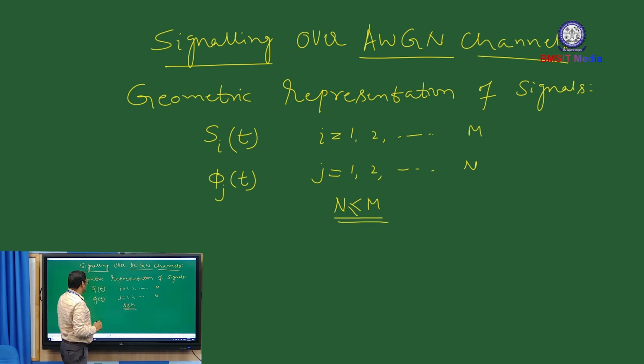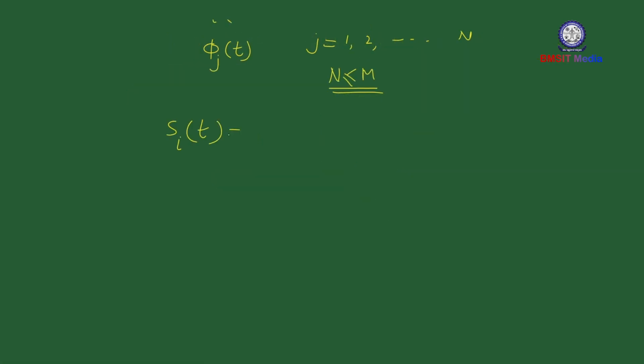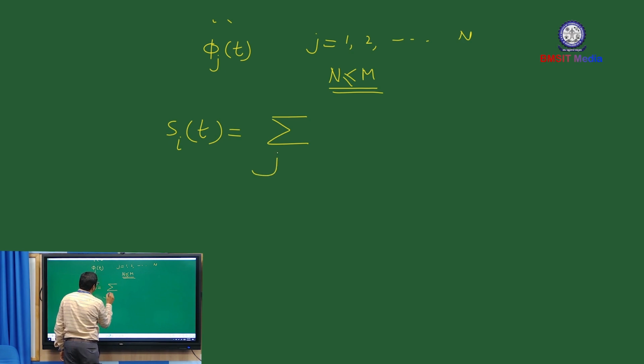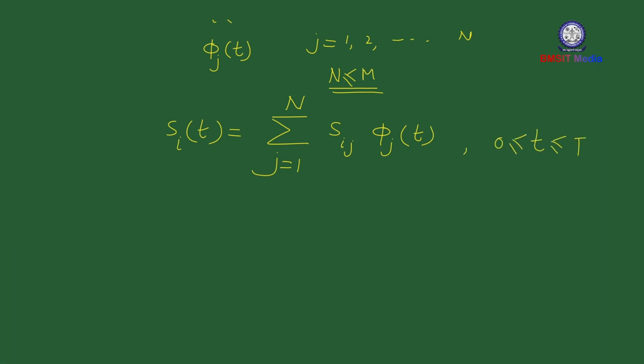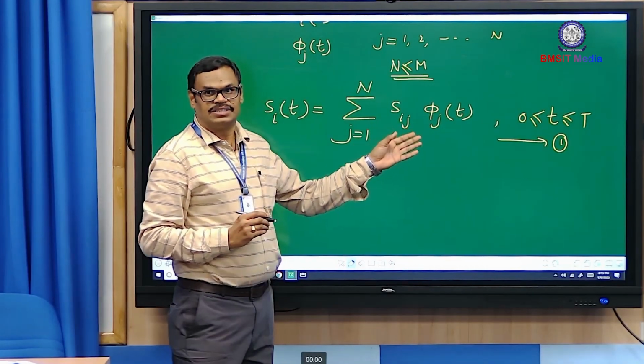As I said, the geometric representation of signals is a method to represent m finite energy signals as a linear combination of n orthonormal basis functions. So I can express Si of t is equal to summation j is equal to 1 to n of Sij phi j of t, where this Si of t exists over the interval 0 to T. Let me call this equation 1, where Sij is the coefficient.